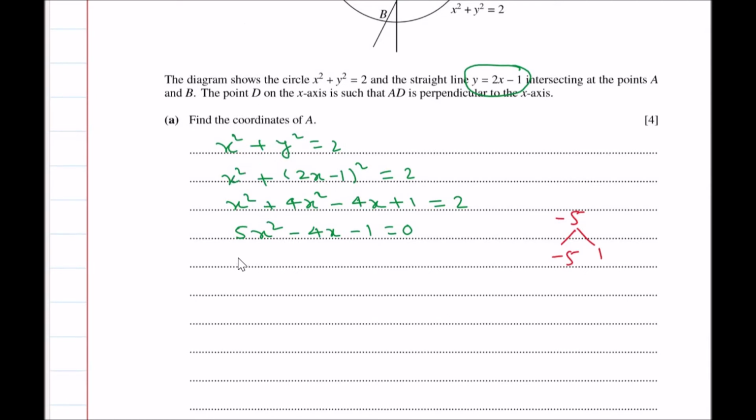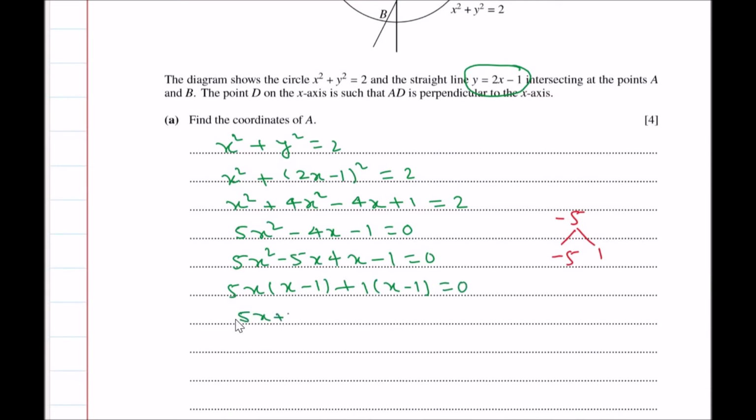So 5x² − 5x + x − 1 = 0. From 5x², you can take 5x common, so we get x − 1, plus 1 into x − 1 is equal to 0.